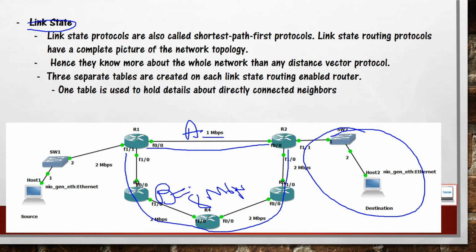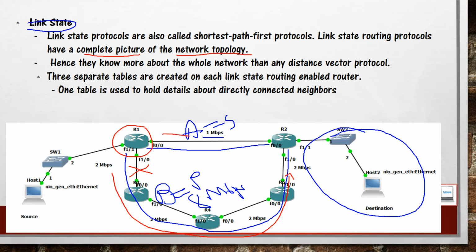So this path B will be the primary path and path A will be the secondary path for link state routing protocols. So it forwards the traffic towards the destination through this path. As we have discussed before, it will maintain a complete picture of the whole network topology. So when this link goes down, we know that this router is maintaining a complete picture of the whole topology.